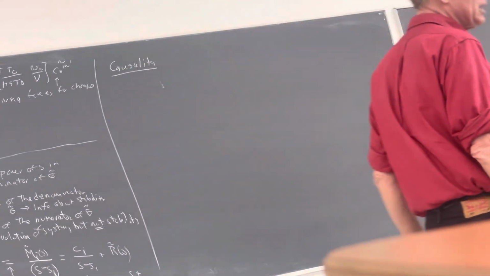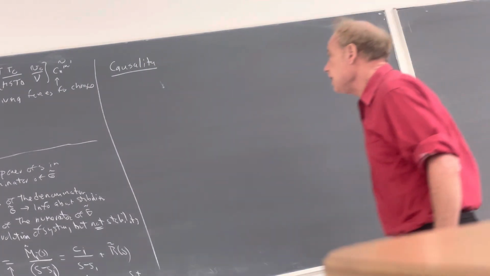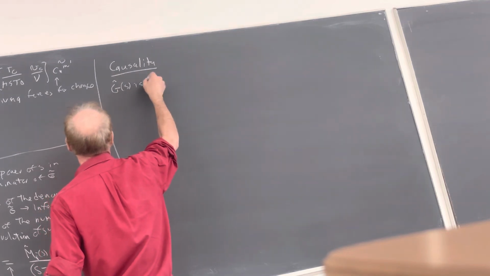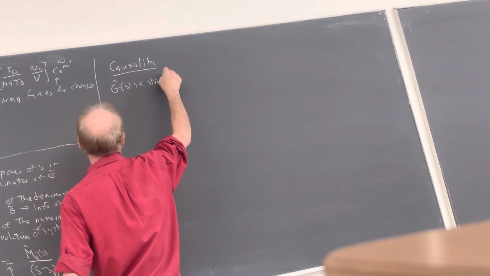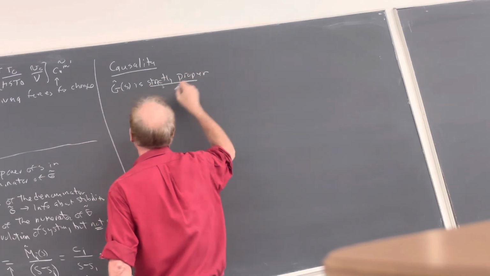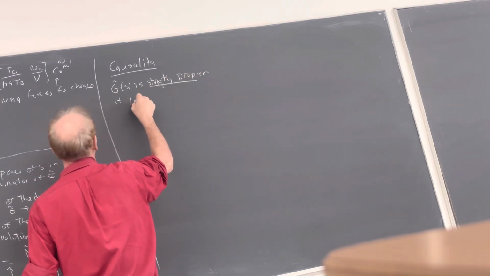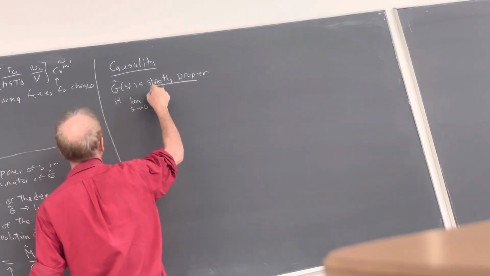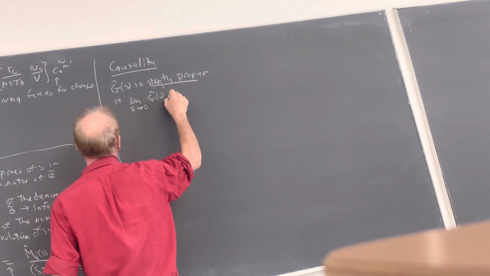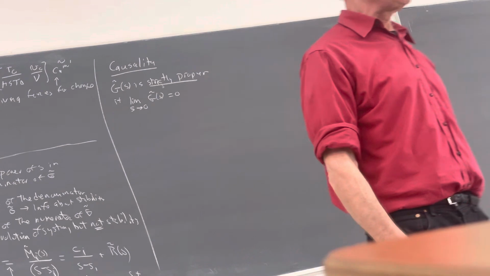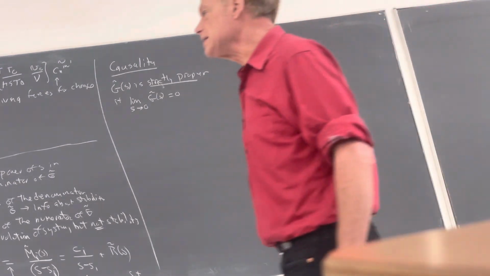So how does that come in here? Well, we say that G tilde of S is strictly proper if the limit as S goes to 0 of G tilde of S is 0. So it's strictly proper if the limit is 0. But what does that mean?